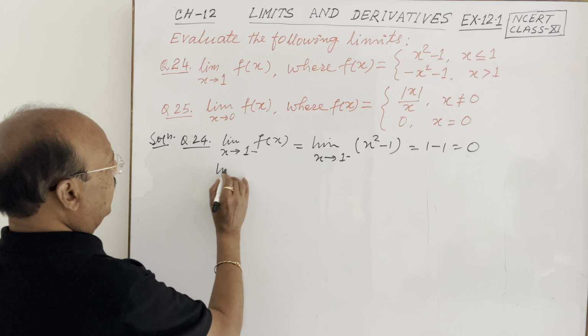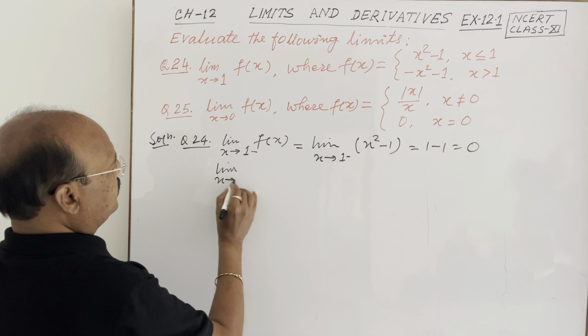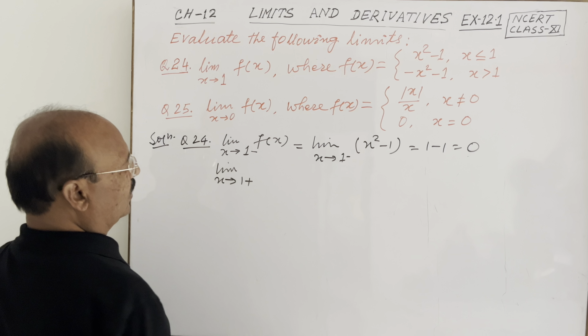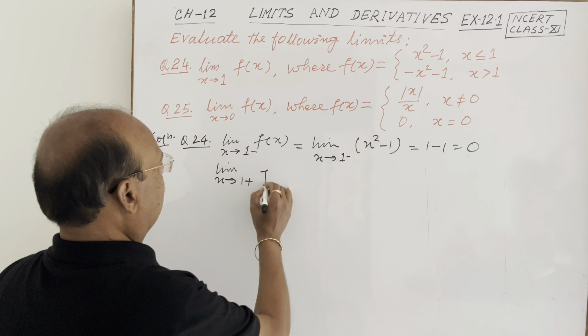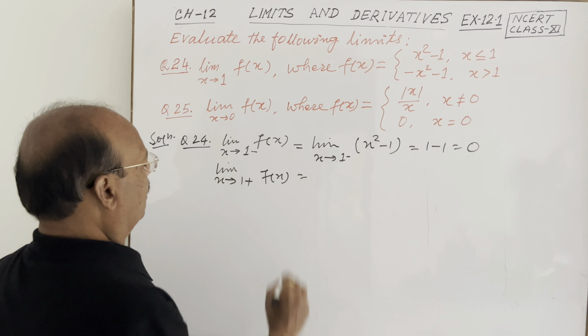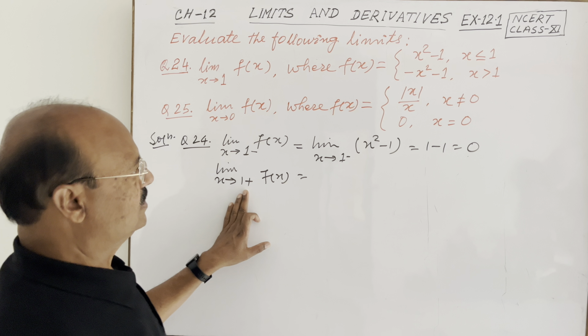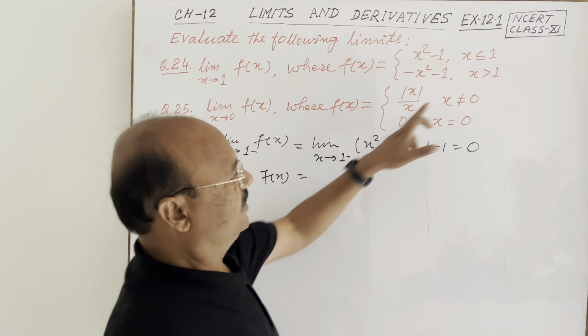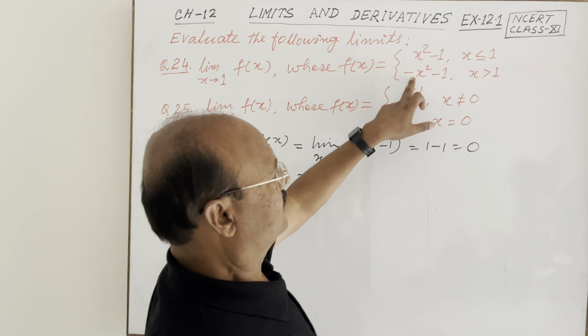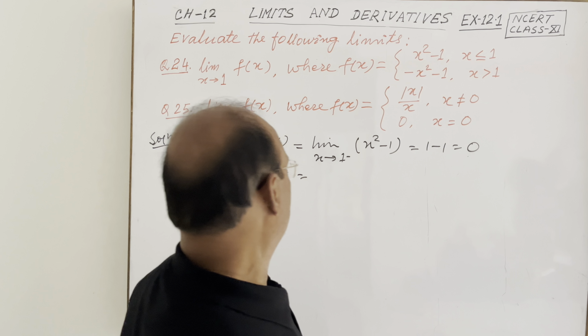Now let us find right hand limit. Limit x tends to 1 plus of this function f(x). Here x is slightly greater than 1 plus. So when x is greater than 1, value of the function is minus x square minus 1.